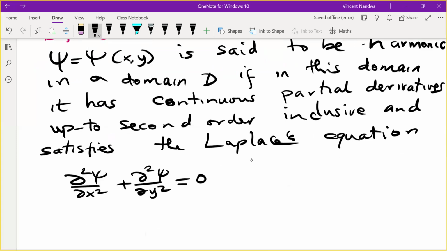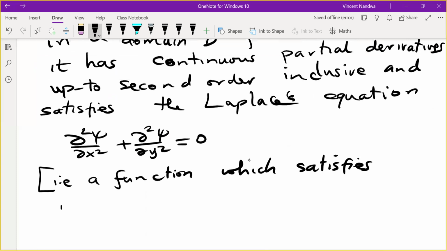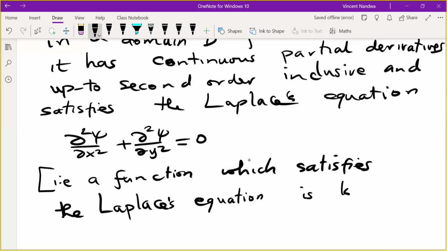In brief, a function which satisfies the Laplace equation is known as a harmonic function. It can either be in 2D or 3D.